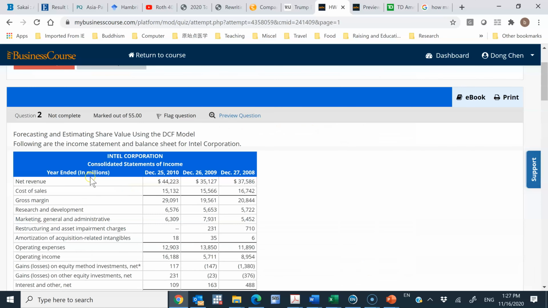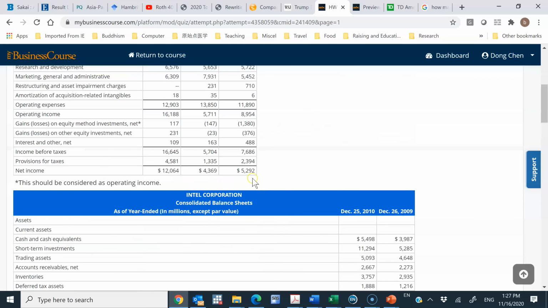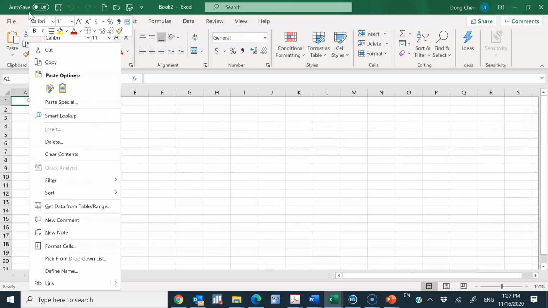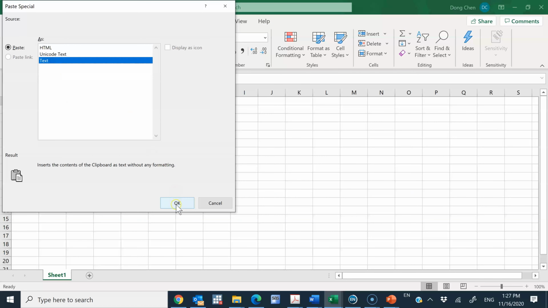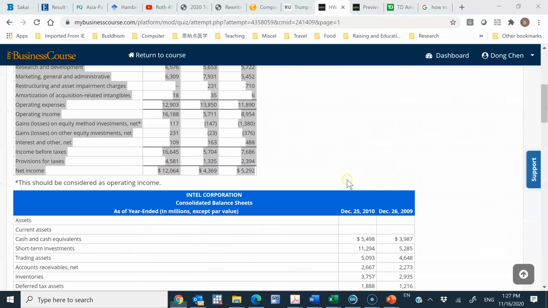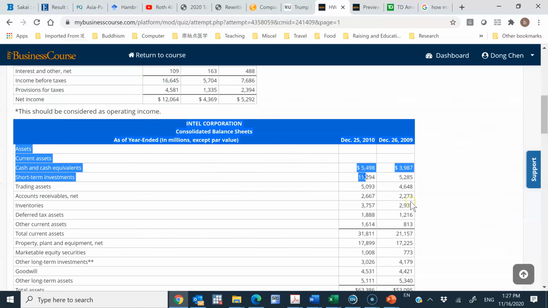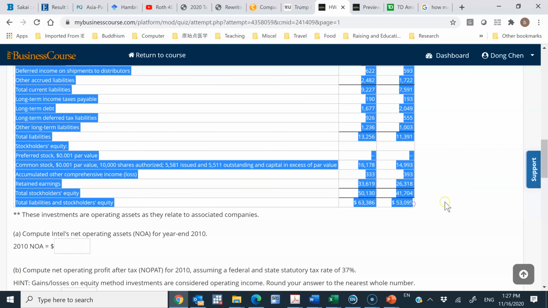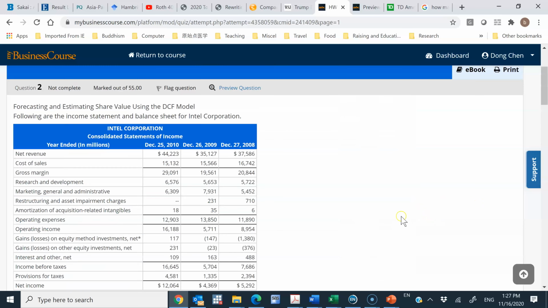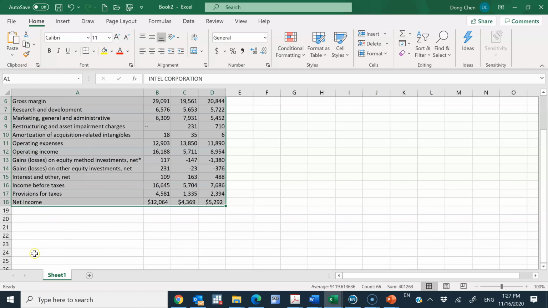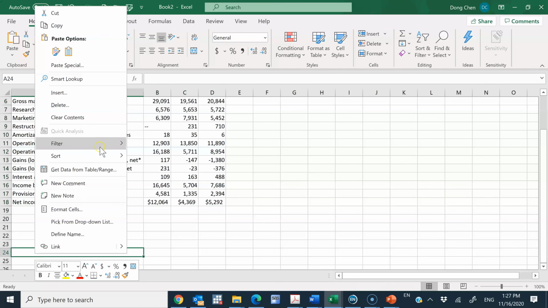All right, so paste special by text. That's the way I prefer to do this copying, and also the balance sheet. When making the copying, notice here what I do want to do is to make sure that they are left aligned.